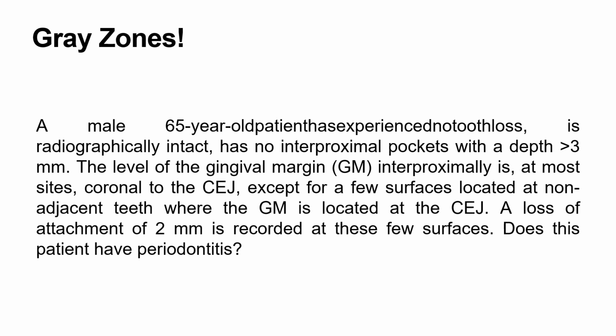However, if the same phenotype, the same case here, was in a much younger patient, so in his 30s, 40s, this may signify a true incipient periodontitis. So again, as we can see, clinical judgment is paramount in arriving at a correct diagnosis after assessing the totality of the patient data.